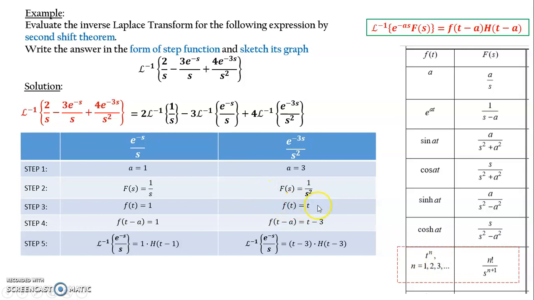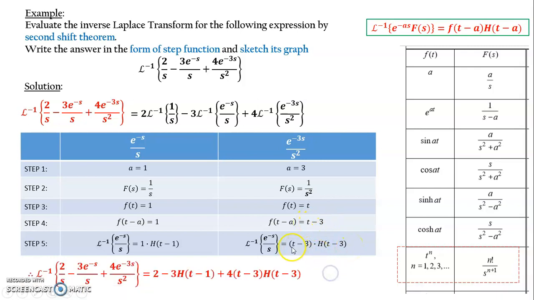So f(t) equals t. Then you need to change the variable t into t minus a. Here I have t minus 3 because a is 3. Finally, I can substitute into the formula. So the inverse Laplace transform of this function is equal to (t minus 3) multiplied with h(t minus 3).